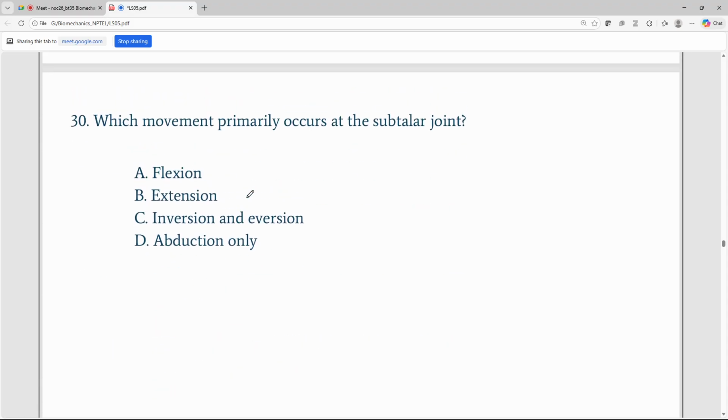Next question. Which movement primarily occurs at the subtalar joint? Options are option A, flexion, option B, extension, option C, inversion and eversion, option D, abduction only.